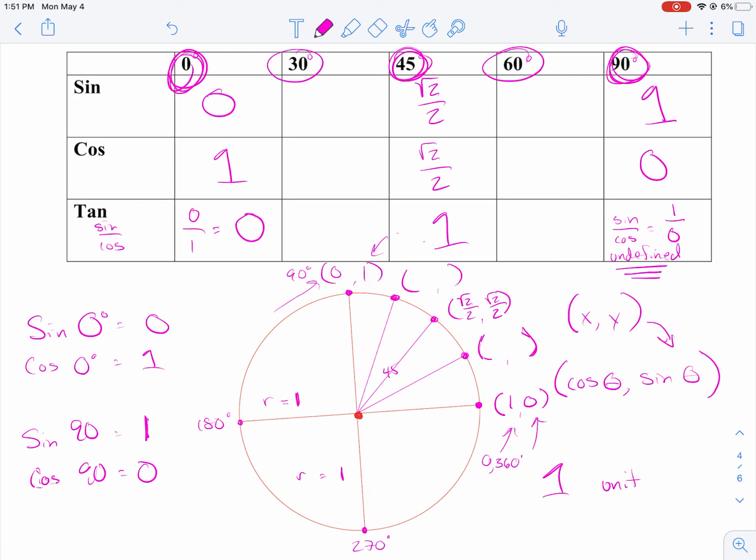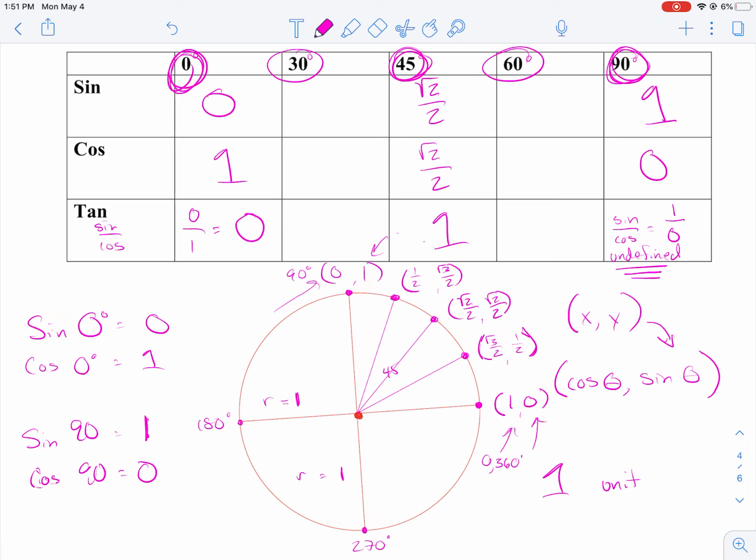Take a look at 30 degrees. Well, the sine of 30 degrees is 1/2, and the cosine of 30 degrees is square root 3 over 2. And then when you go to 60, it just flip-flops. So the cosine of 60 degrees is 1/2. The sine of 60 degrees is square root 3 over 2.